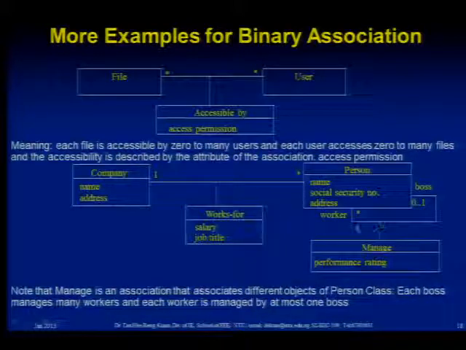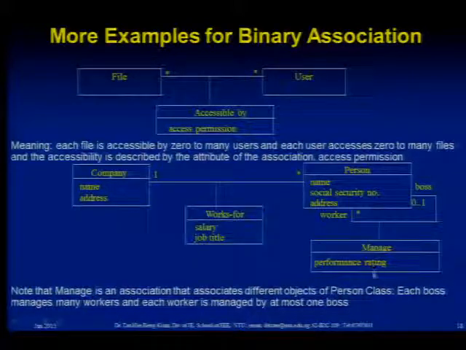We also define an attribute here, performance rating. For this association, we define the attribute called performance rating because at the end of the evaluation period, the boss will give the staff a performance rating.